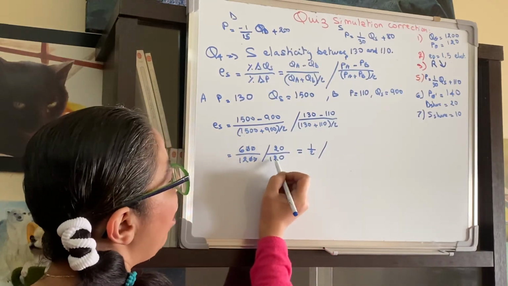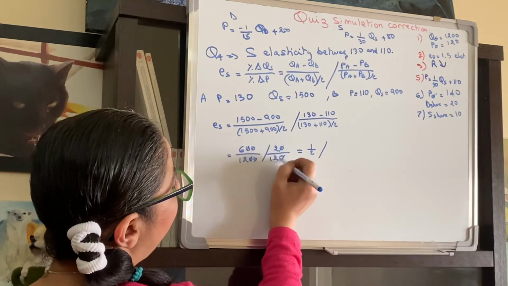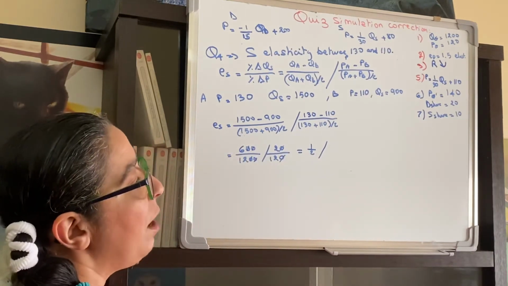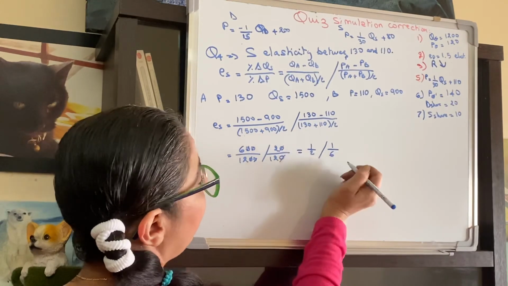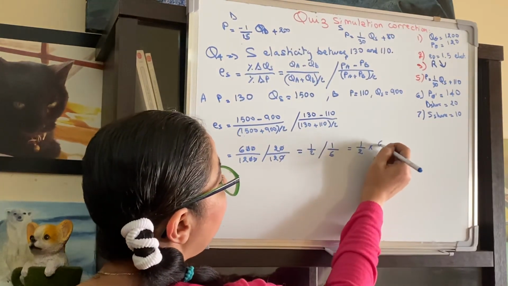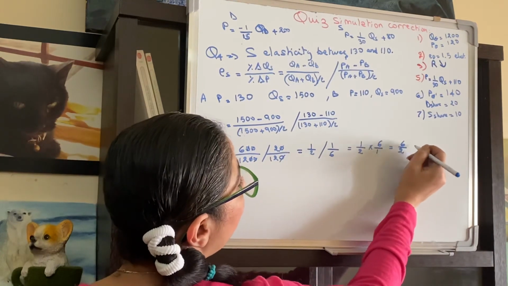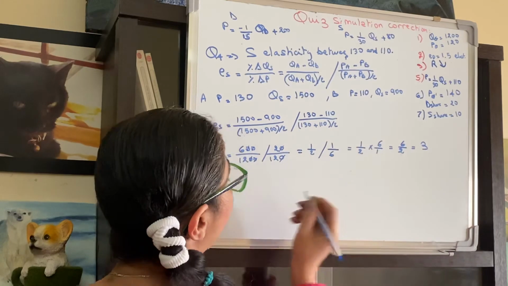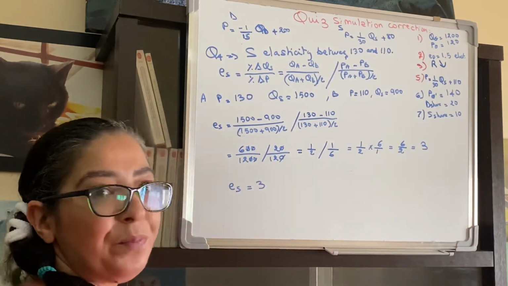Divided, here I'm going to simplify only by 2. It becomes 1 over 6. So it's going to give me 1 over 2 times 6 over 1, which is 6 over 2, which is 3. So elasticity of supply is equal to 3.